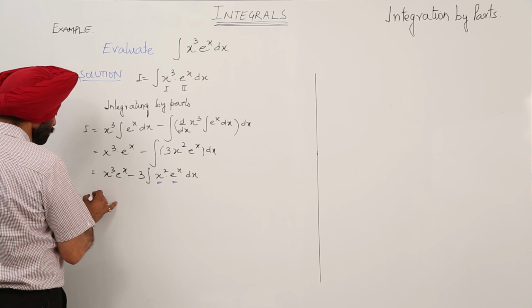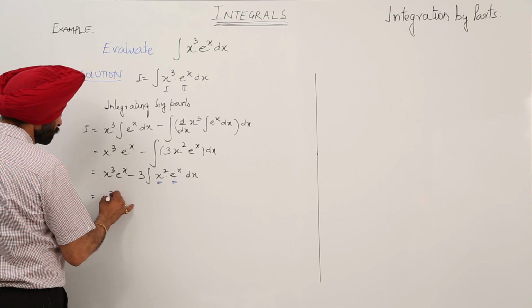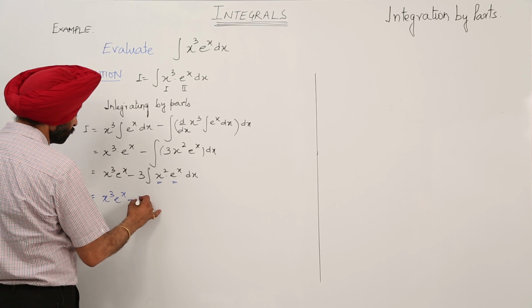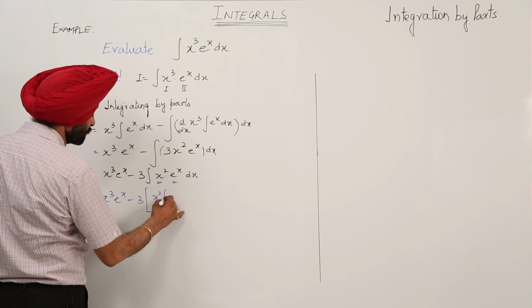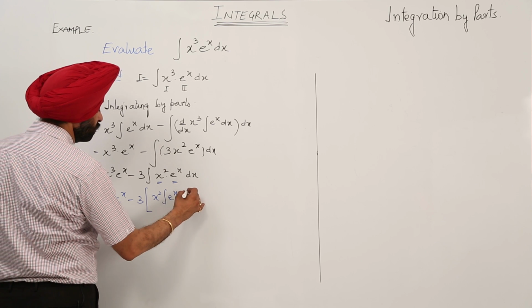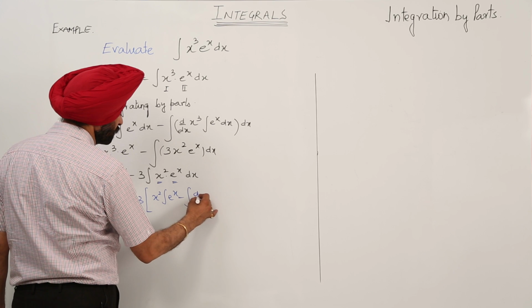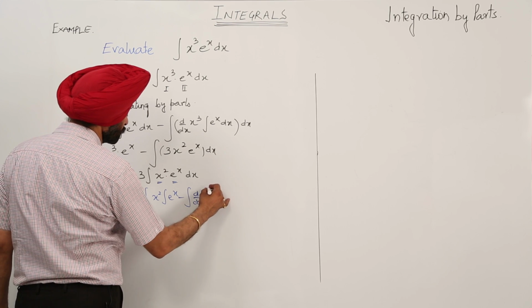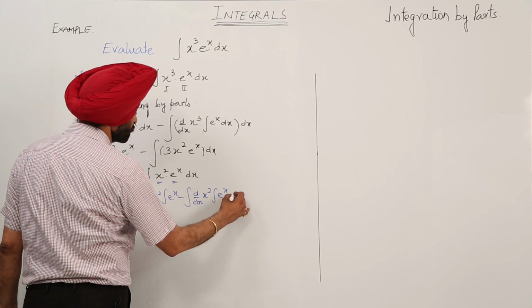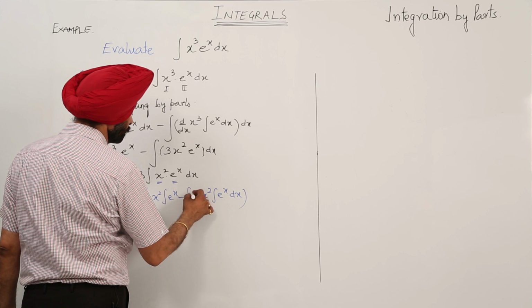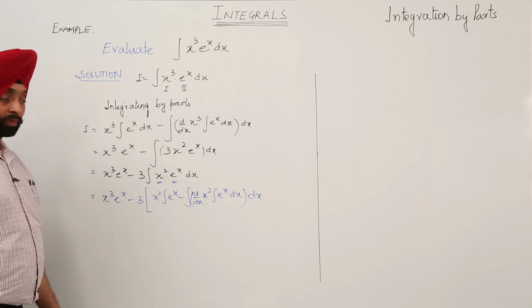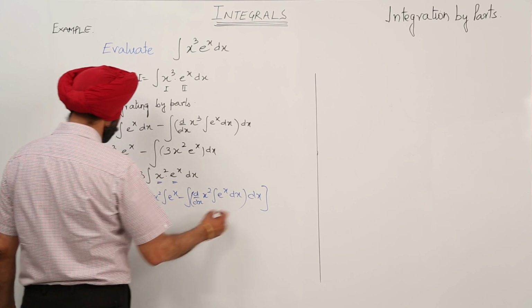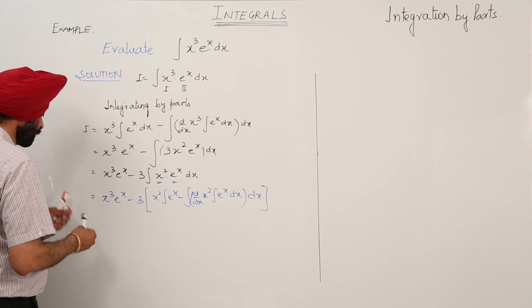So again this will become x cube e raised to power x minus 3. Now x square first function as it is, integration of second, minus integration of d by dx of x square, integration of e raised to power x dx, like this.